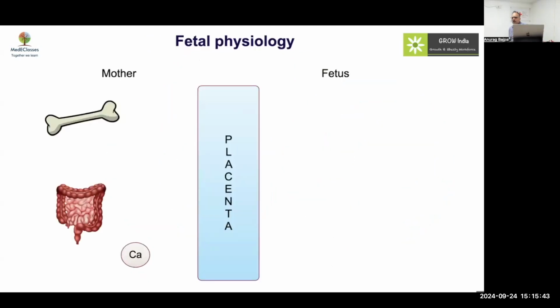Now, fetal physiology, we all know that the fetus is a parasite and it is able to extract more calcium from the mother than she actually has. So if you talk about calcium versus glucose, what is the difference? Perinatal or fetal glucose metabolism and fetal calcium metabolism, what is the difference?